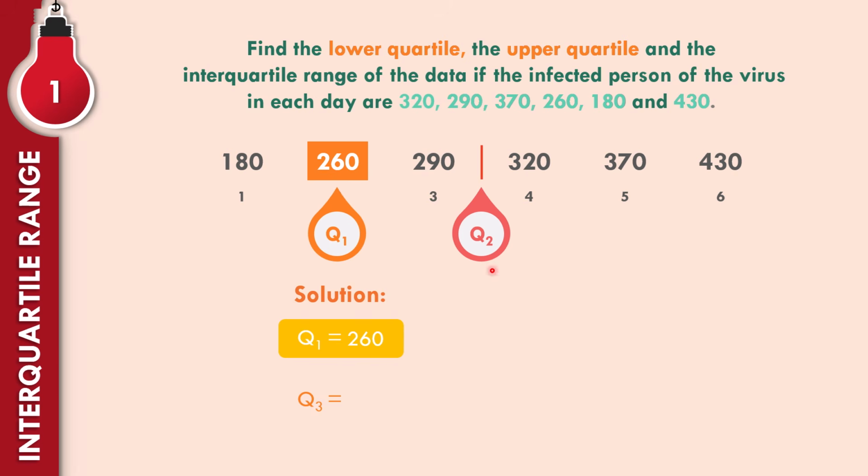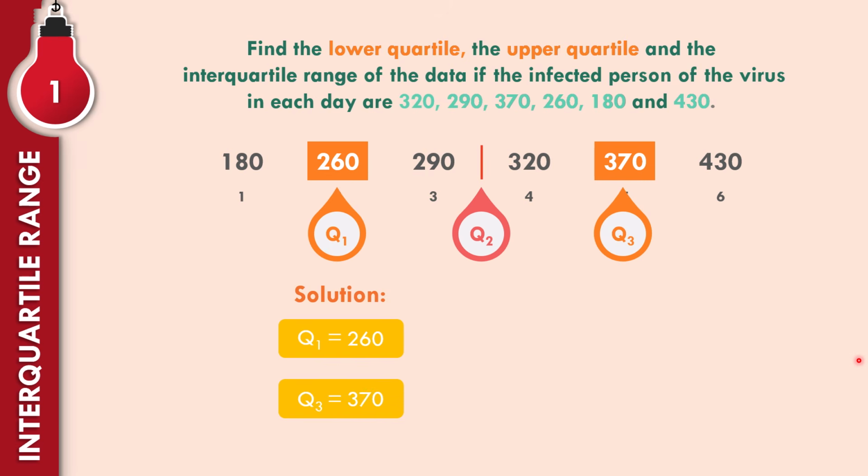From this median up to the last, these are the 4th, 5th, and 6th positions. Let us get the middle. The middle is the 5th, so that is 370. So Q sub 3 is equal to 370, or the upper quartile is equal to 370.